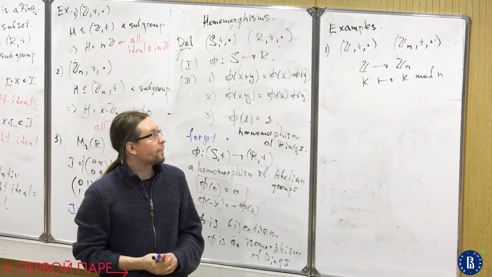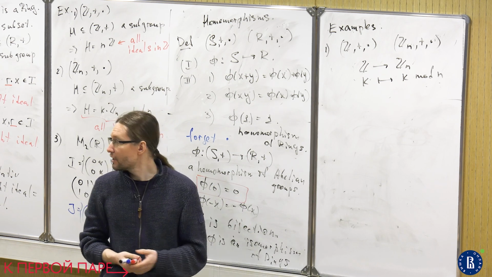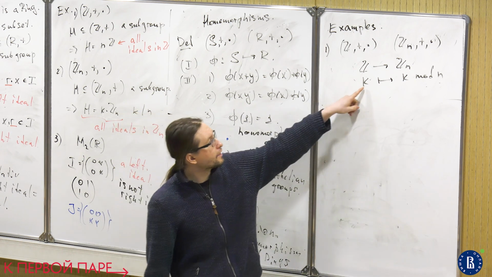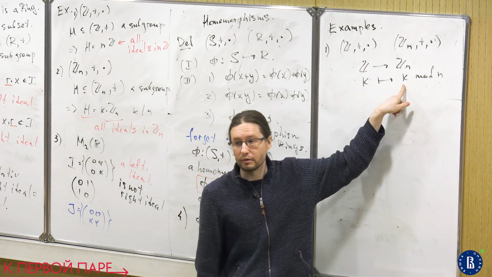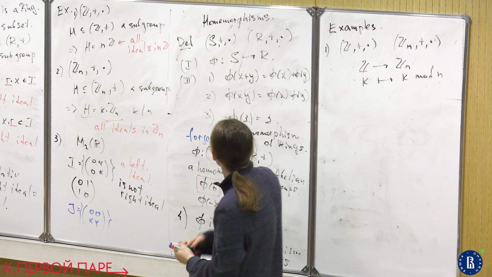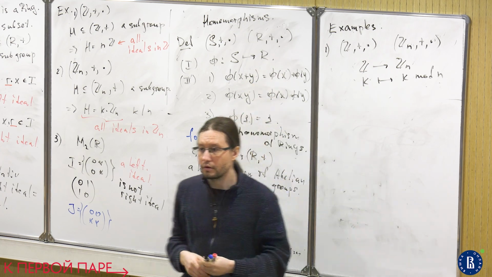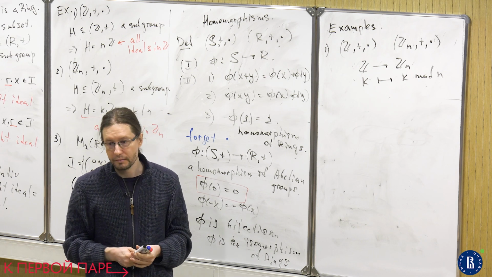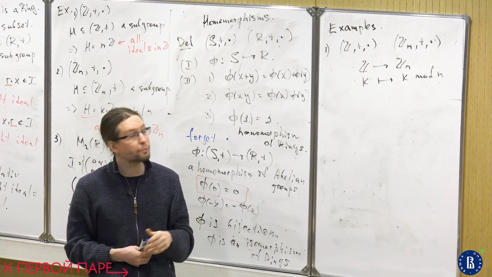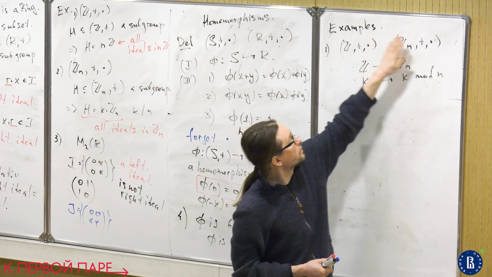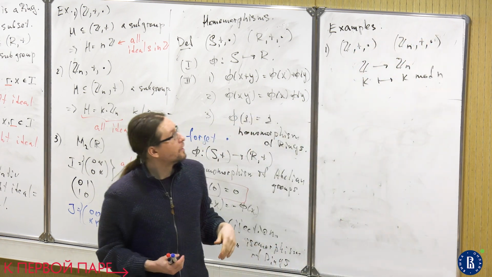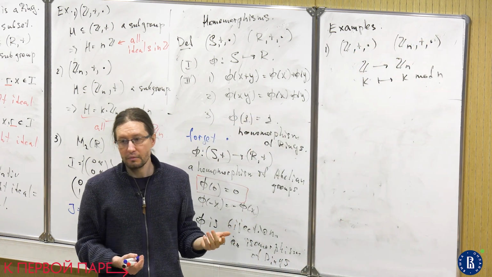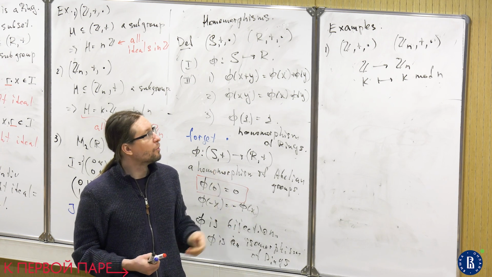This map preserves addition and multiplication, and the remainder of 1 is also 1. So all three properties of a homomorphism are satisfied. When we forget multiplication, it was a homomorphism of abelian groups, but it's actually a homomorphism of rings.